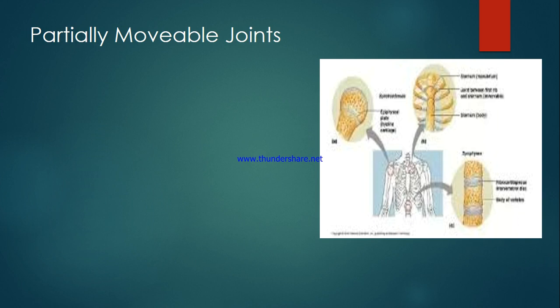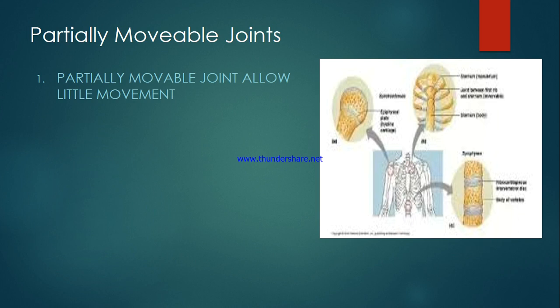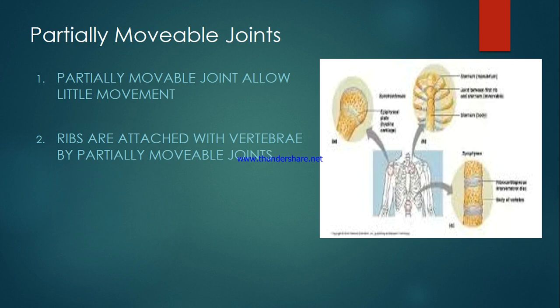Now we will discuss the second main part of joints, which is partially movable joints. As you have observed in the diagram, a partially movable joint allows little movement in the bones. The main example of a partially movable joint is the joint of ribs with the vertebrae.